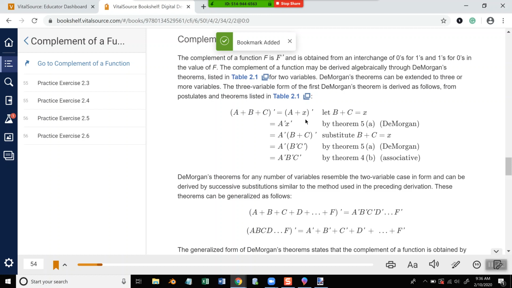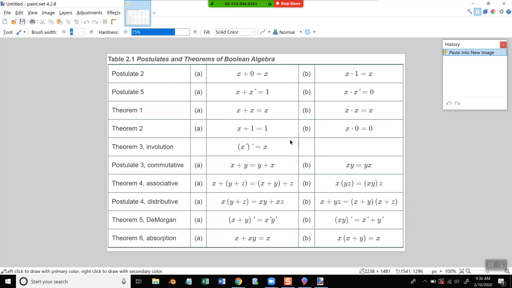And then by De Morgan's theorem, the a plus x, you've got 2 things with a plus or an or between them, and then the complement. That's theorem 5a. So you've got 2 items, doesn't matter the letter, with a plus between them, an or, and then the prime on there, the inverter, and you rewrite those with multiplication, specifically putting a prime on each one of them.